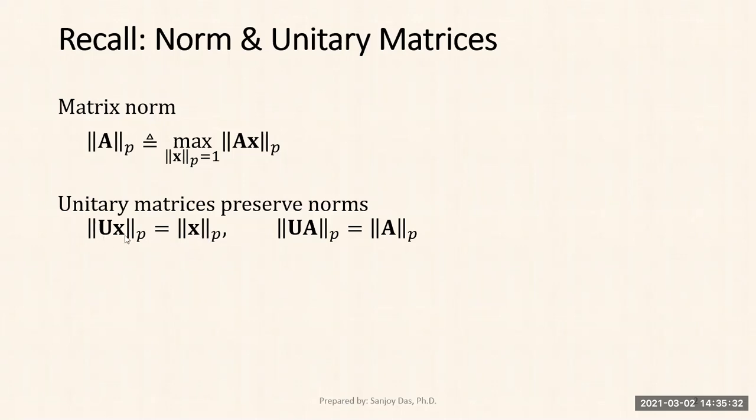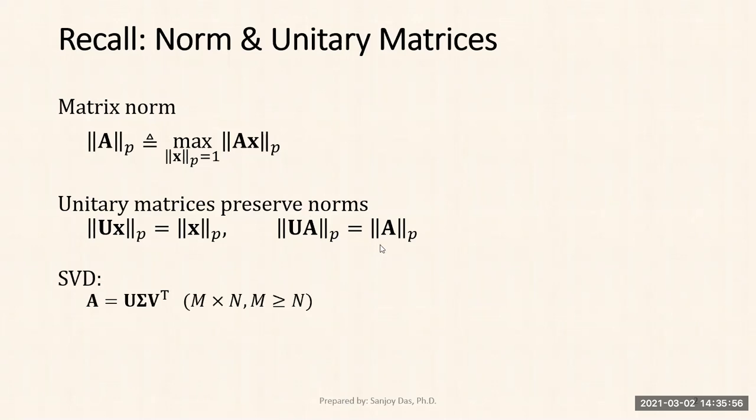In other words, pre-multiplication with U does not affect the length. Likewise, the LP norm of UA equals the LP norm of A. Again, the norm of this matrix is preserved, even if you pre-multiply with a unitary matrix. We have seen this before.